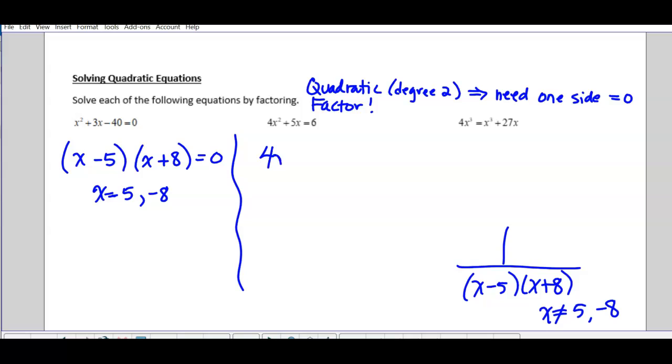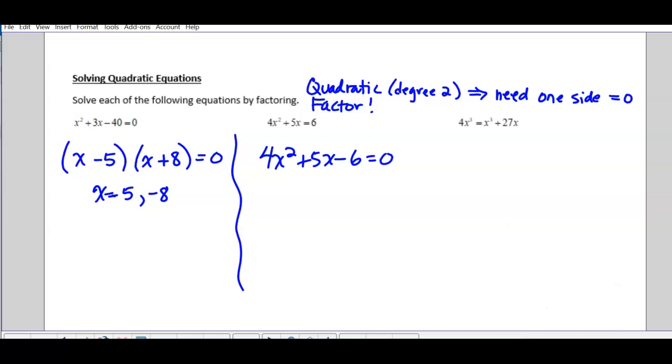So next one, we need everything on the left, and you're solving that. Okay, it's a non-simple trinomial.